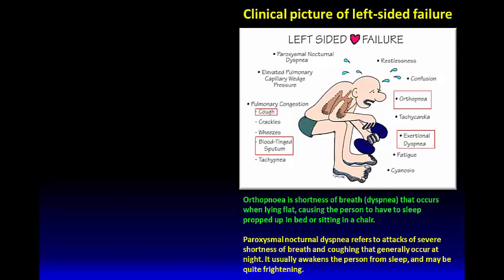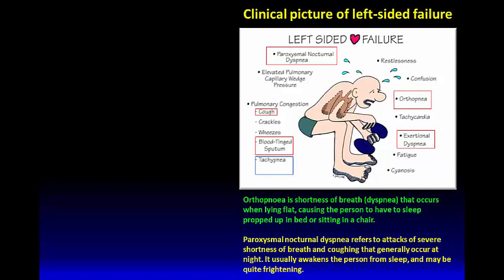Other important symptoms of left-sided failure include paroxysmal nocturnal dyspnea. Paroxysmal nocturnal dyspnea refers to the attacks of severe shortness of breath and cough, which generally occur at night. So, an attack of paroxysmal nocturnal dyspnea usually awakes the patient with left-sided failure from sleep and may be quite frightening.